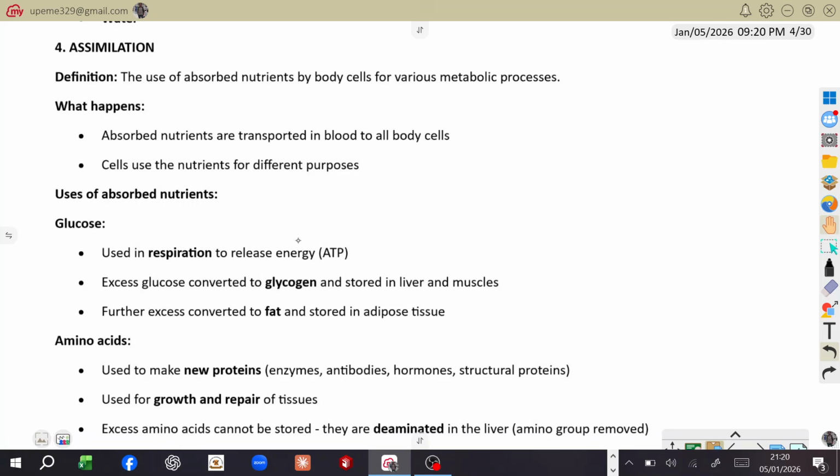So the use of the absorbed nutrients by body cells for various metabolic purposes is what is known as assimilation.